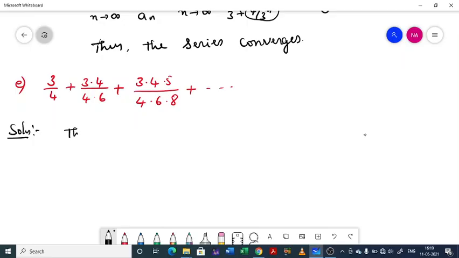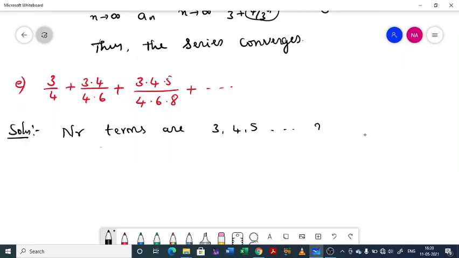So the general term is, I think that might be difficult. Numerator terms 3 into 4 into 5 and so on, so that is a continuous number, no problem with that. And the denominator, yes, that also we can write easily. Okay, let us write terms separately. So the numerator terms are 3 comma 4 comma 5 and so on.